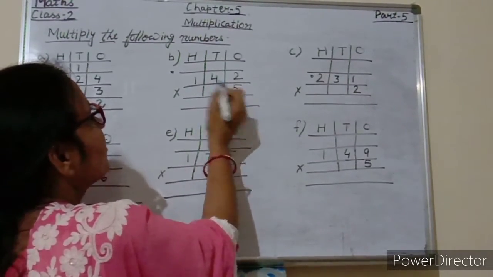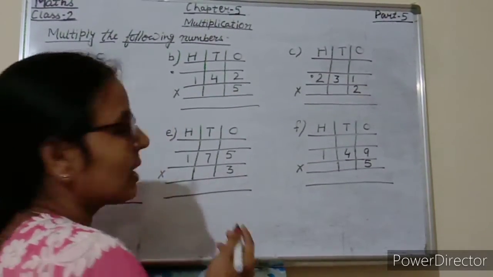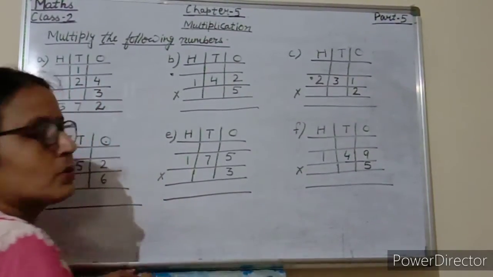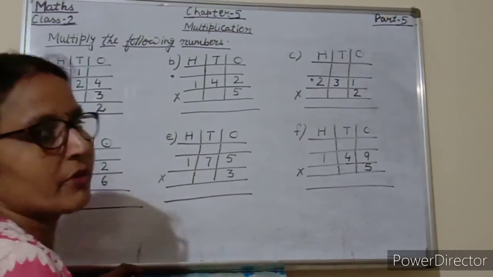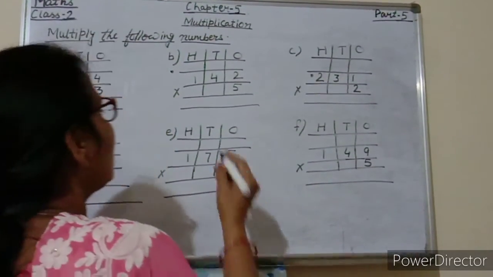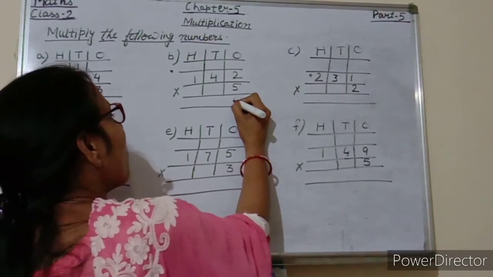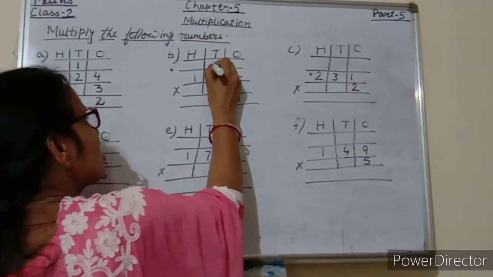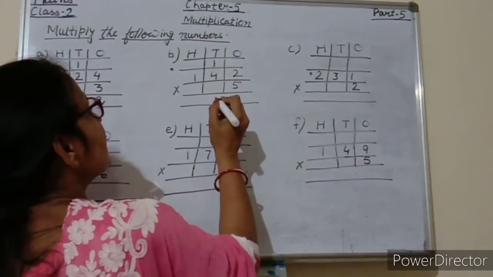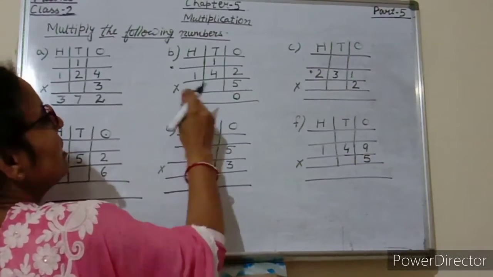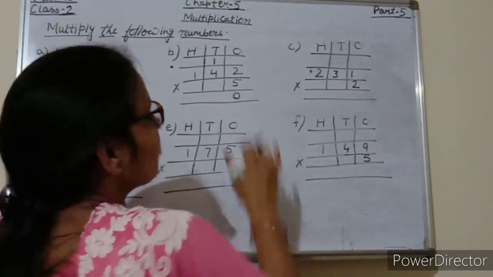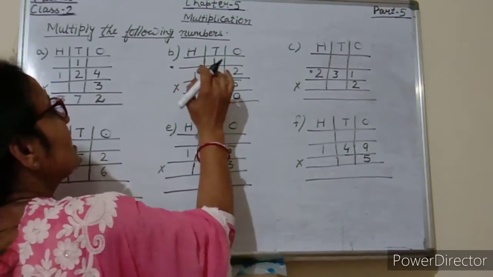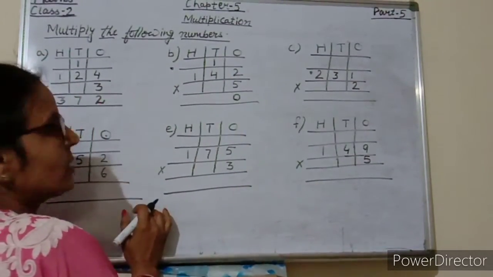Now come to the next. 142 by 5. Students, again we will do the same. 2 ones into 5 is 10 ones. So 0 we will write under the ones column and 1 we will write in the tens place as a carryover. Now 4 tens into 5, 4 fives are 20. 20 plus 1, 21.